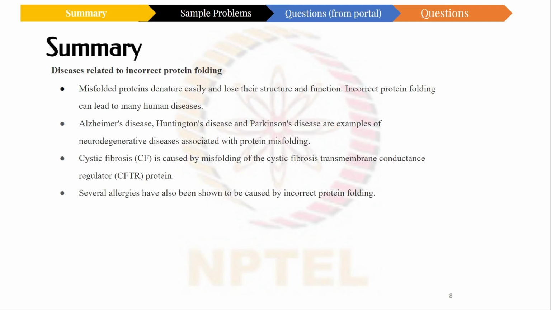Then we have cystic fibrosis, which is caused by CFTR, that is cystic fibrosis transmembrane conductance regulator. Here we can see deletion of a phenylalanine at position 508 in the CFTR protein will cause the misfolding of this protein. Similarly, several allergic reactions have been shown to be caused by incorrect protein folding.